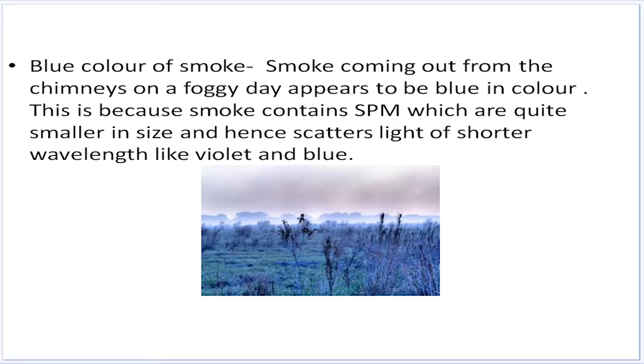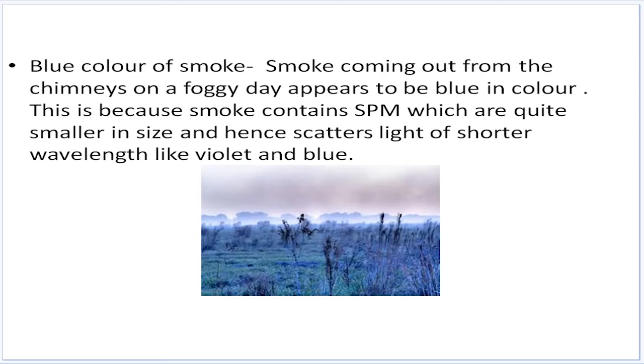And this is because the smoke contains SPM, suspended particulate matter, which is quite small in size, and hence it scatters light of shorter wavelength like violet and blue. Hence we find the smoke from a distance, especially on a foggy or misty day, appears to be blue in color.